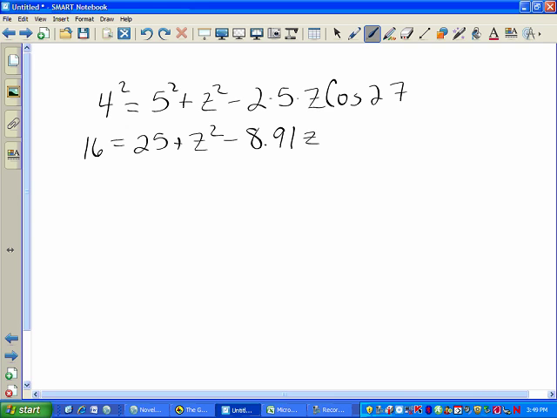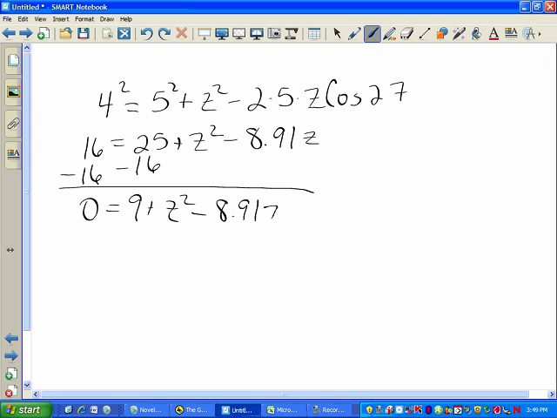What kind of equation is it? Is it linear? It's quadratic. How do we solve quadratic equations? Very carefully. What's 25 take away 16? Isn't that 9? Okay. Did I do that right?